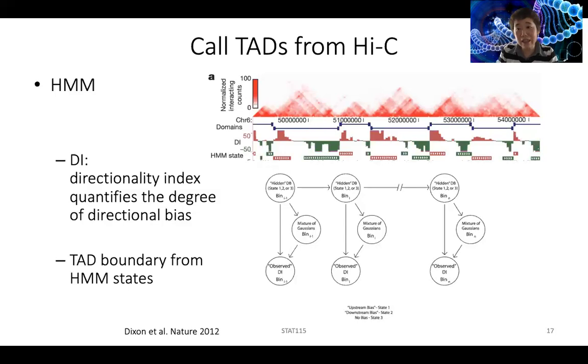Whereas the emission, you are saying, if you are in a red block, how often do you see a positive number versus a negative number? Oh, yeah. Okay, that makes sense. And so at the end, you're just guessing, am I in a... it's like the stock market, right? If you see the stock going up, is it in a bear market or a bull market? You're just trying to call a region red and a region green.